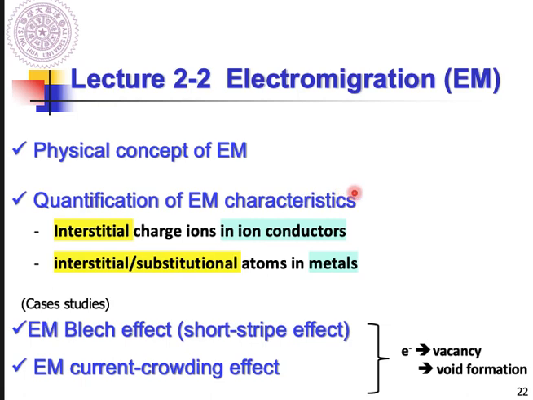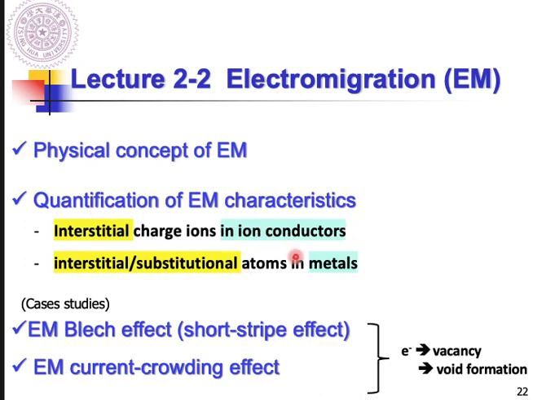This is what we call electron migration. But this phenomenon does not always happen; it only happens when the electron flow current density is very high. Then we can observe this phenomenon in our materials.